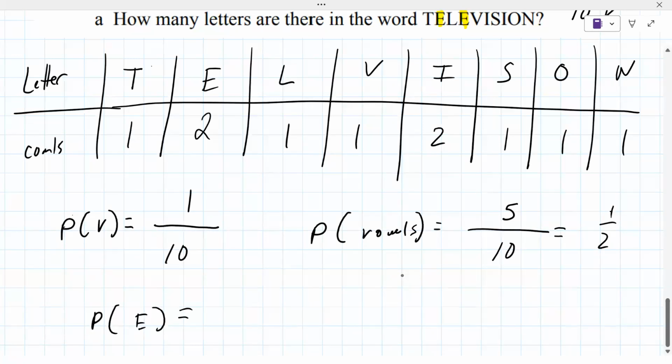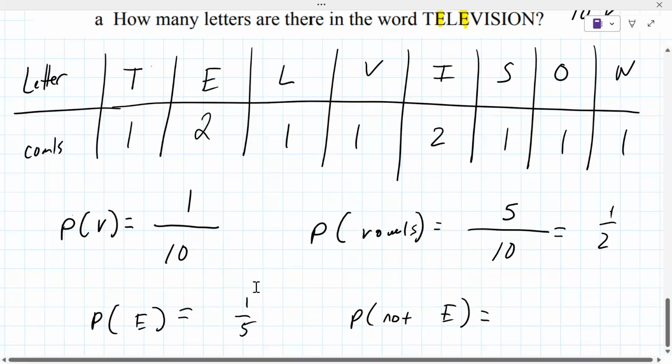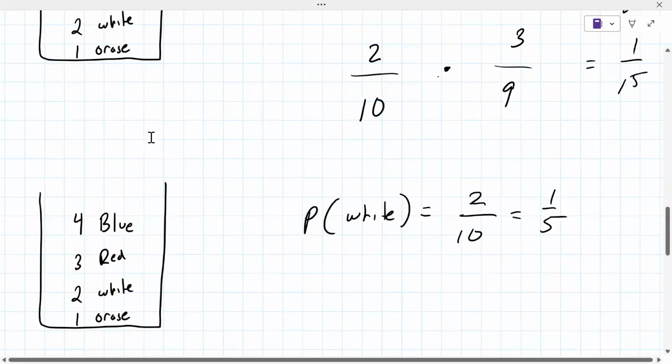What is the probability of E? The probability of E is 1/5. Okay, what's the probability of not E? 4/5. So you did this earlier.